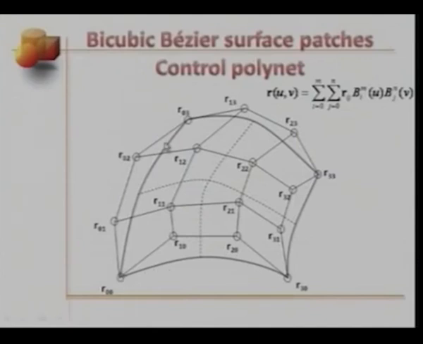So these are the 4 bounding curves. This curve here is for v equals 0. Now what do you have to say about the shape of this curve?